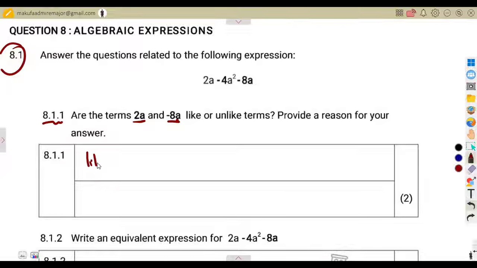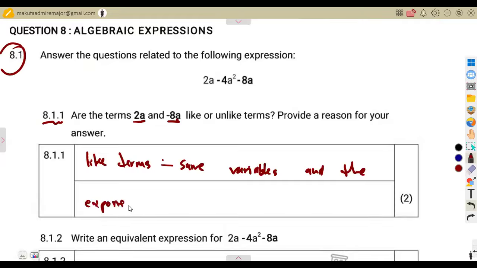All right. So these are like terms. So the reason that we are having is that we have got the same variable, and the exponent is also the same. If you check the exponent, the exponent is 1 and the same.